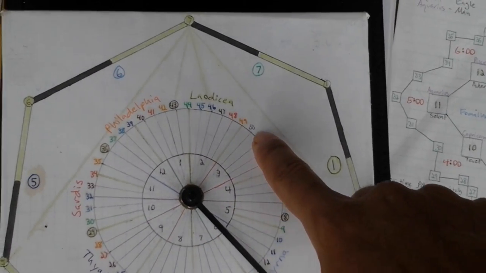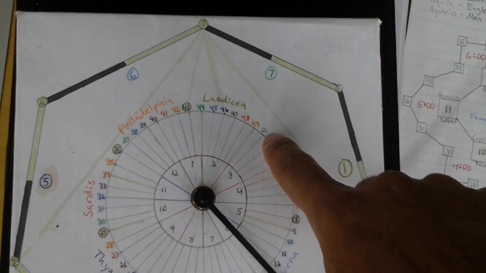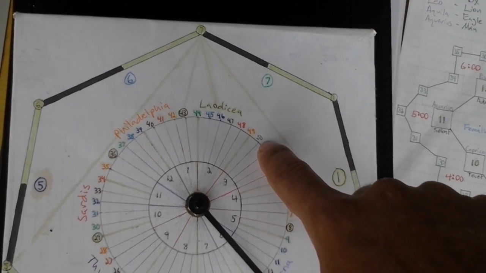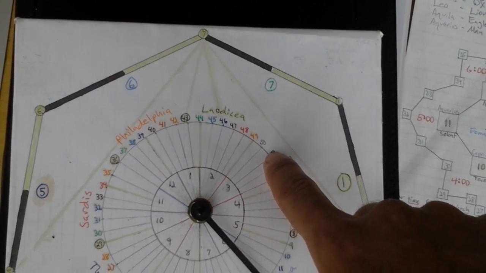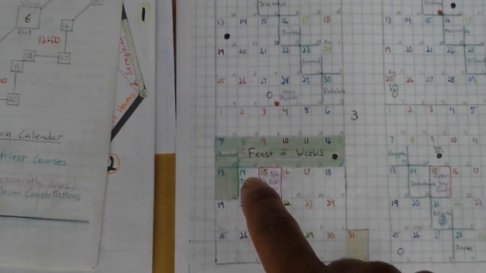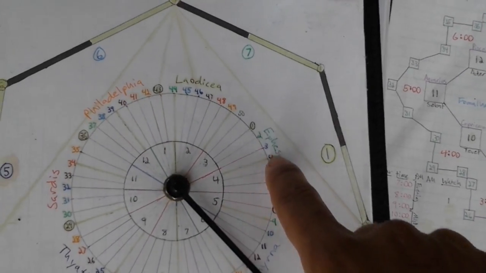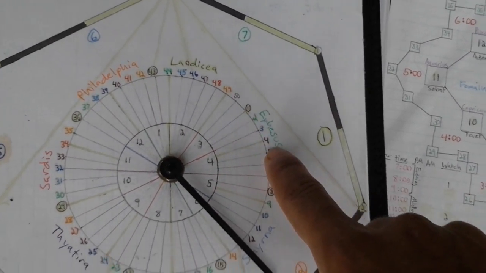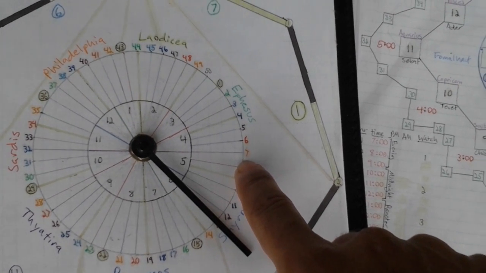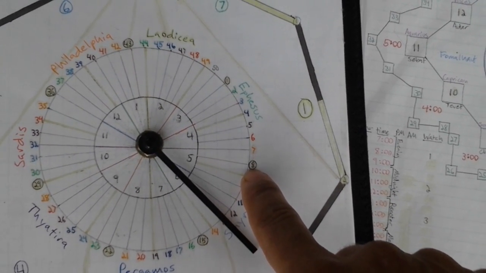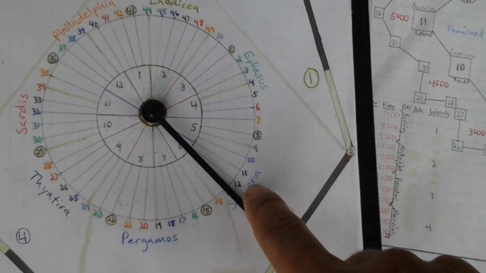You only count Shavuot, and in doing so you get a pattern of 50, just like Jubilee in a year. And the following week, you can see it here, you have the Feast of Weeks. The following week is cycle 1 of this pattern. All right, and that is Ephesus. Then you count 1, 2, 3, 4, 5, 6, 7 weeks. 7 weeks conclude, and then you go into the next church cycle, which is Smyrna.